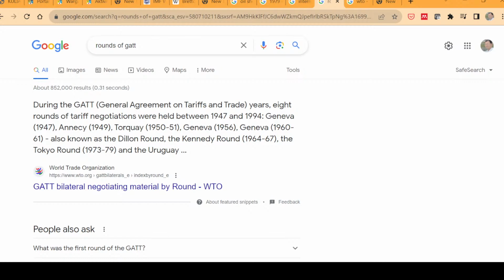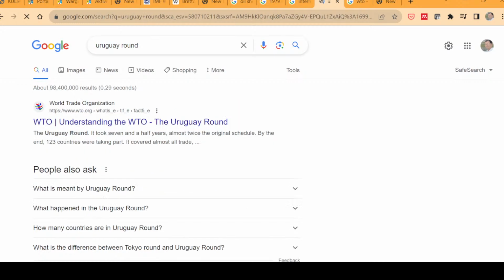But this Uruguay round never finished, never completed. Launched in 1986, it was never completed because of the fight among developed countries.